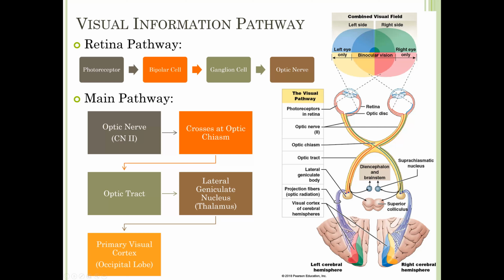What this results in is that all of your left visual field from both eyes is going to make it to the right side of the brain, and all of the right visual field from both eyes is going to make it to the left side of the brain. And that is because of the crossing of fibers at the optic chiasm.